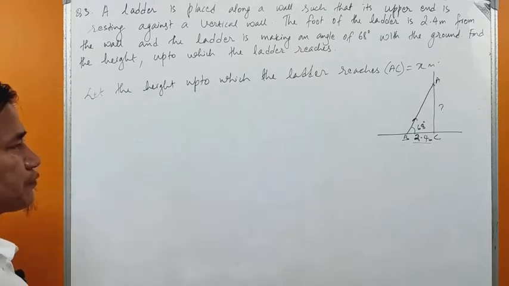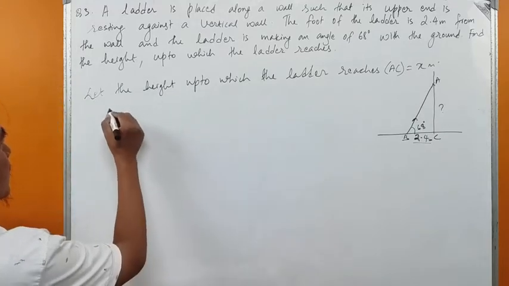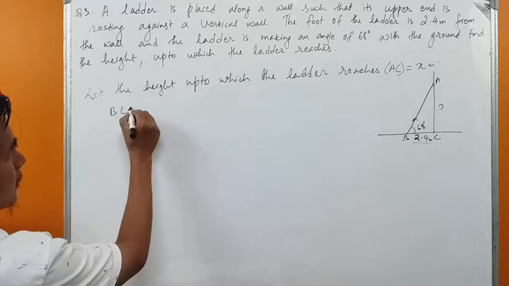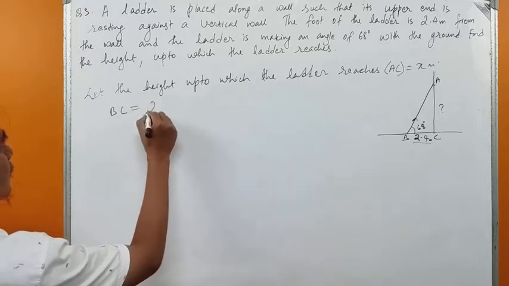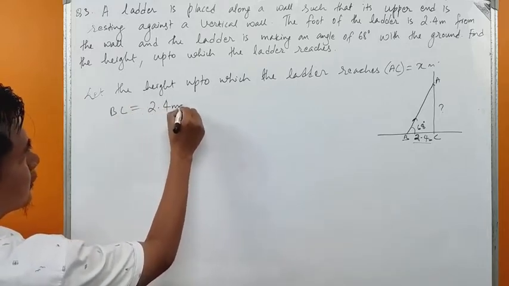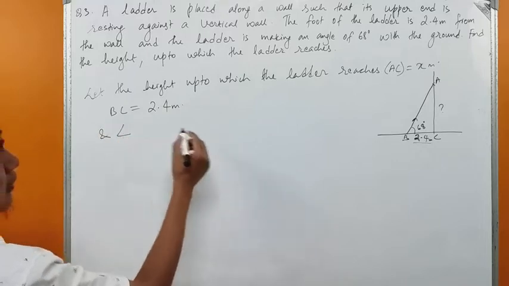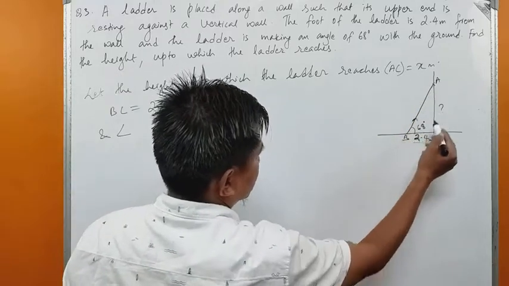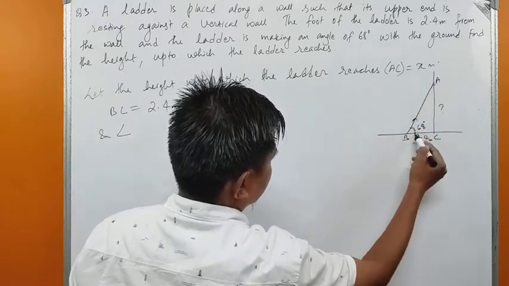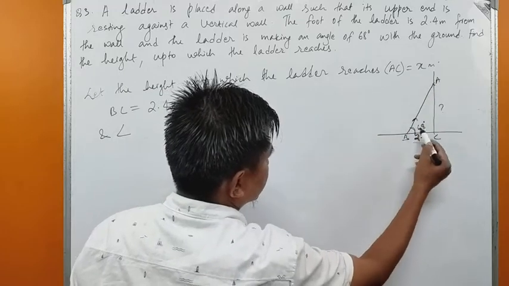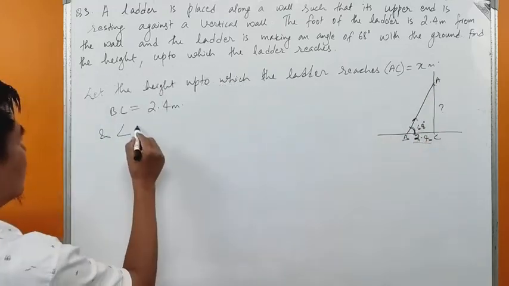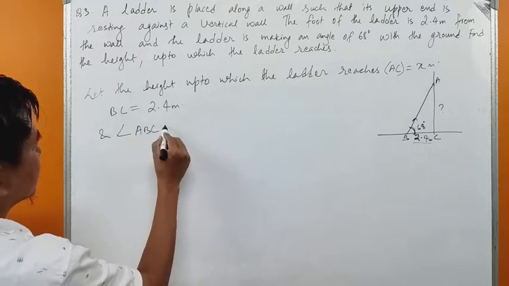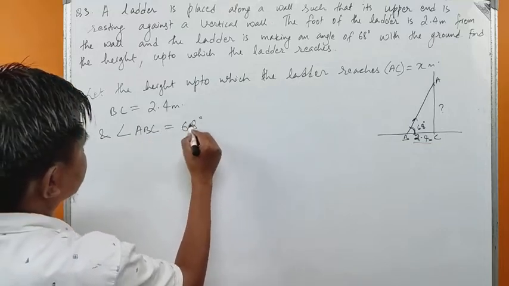So now BC is given to us. BC is 2.4 meter, isn't it? And angle ABC, this angle, is 68 degree. ABC equals 68 degree.